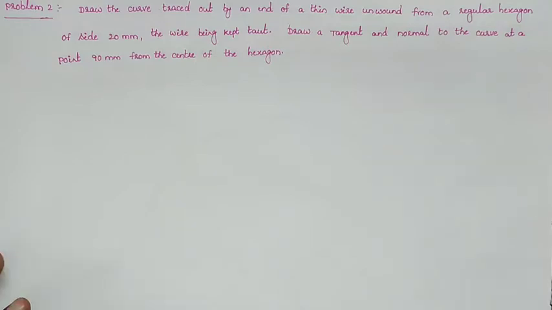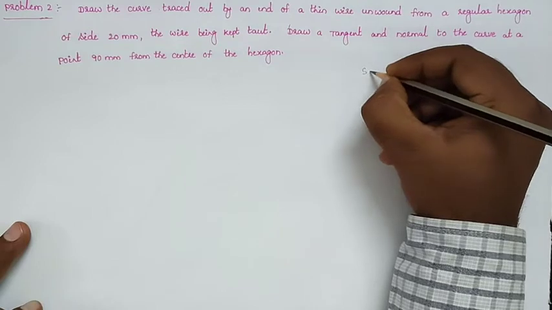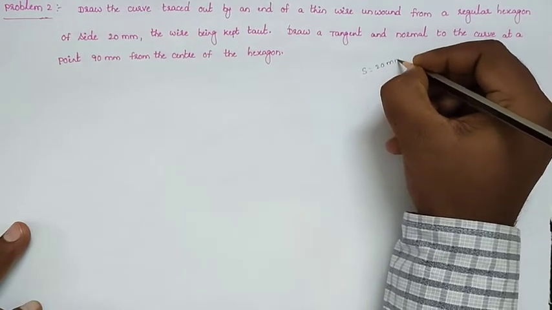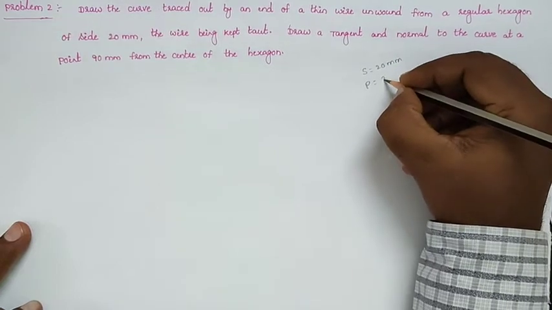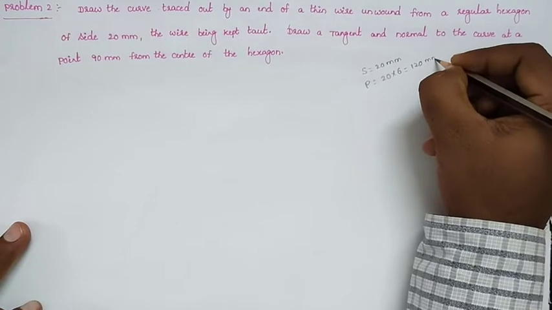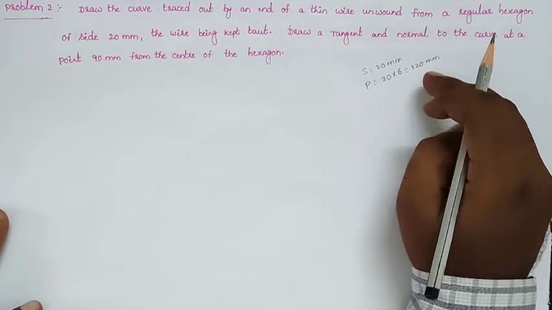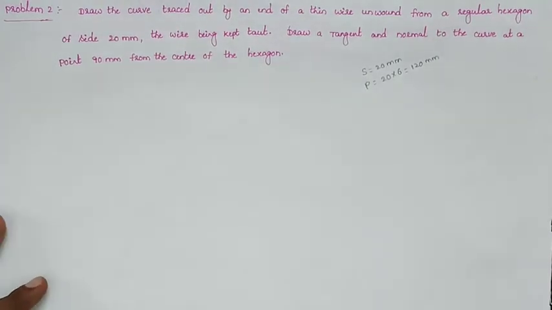The side S is equal to 20 mm. First of all we will find the perimeter of that hexagon: 20 into 6, so we will get 120 mm. So the length of the string is equal to 120 mm in this case.